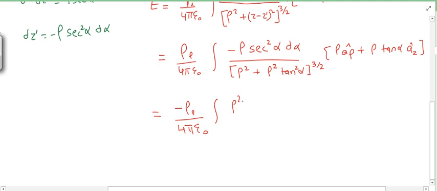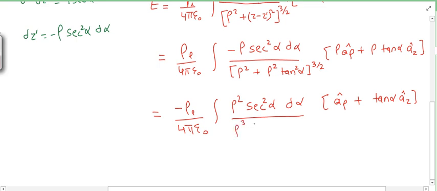It will come as rho square sec square alpha d alpha, and the remaining things are a rho cap plus tan alpha az cap, divided by, you can see rho square is common here. If I take this common, rho square and this power will cancel and rho cube will come out, and the remaining thing here will be 1 plus tan square alpha to the power 3 by 2.